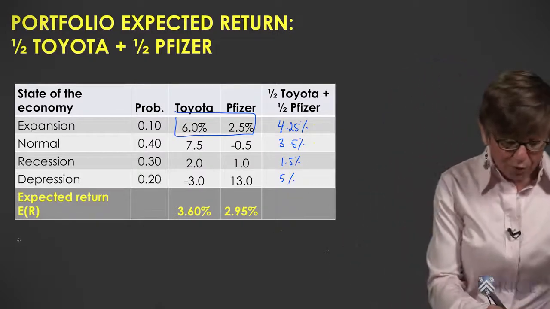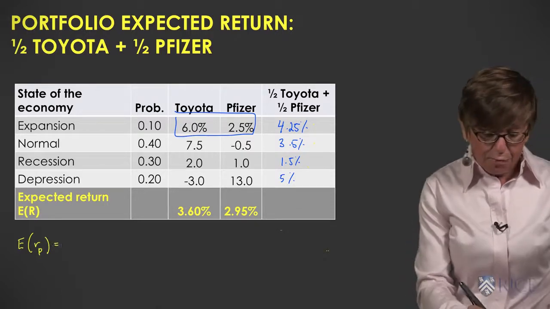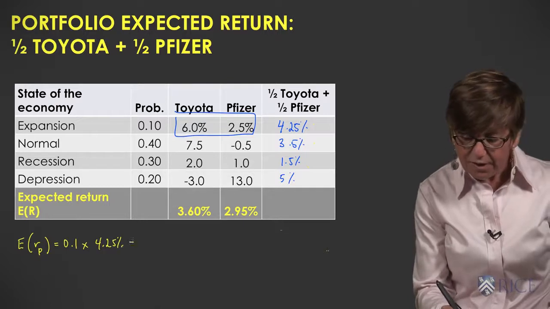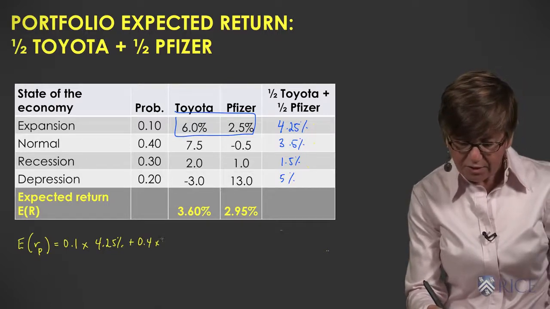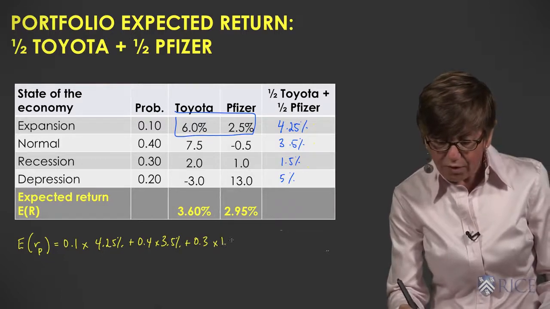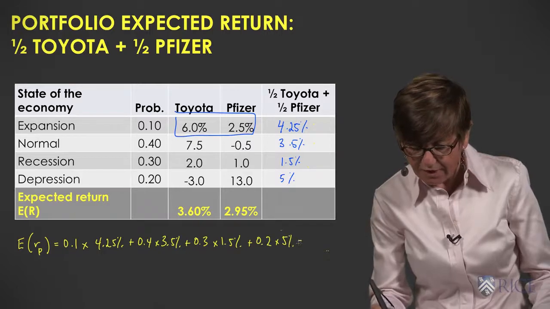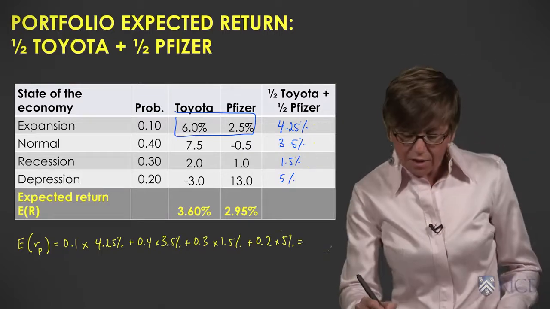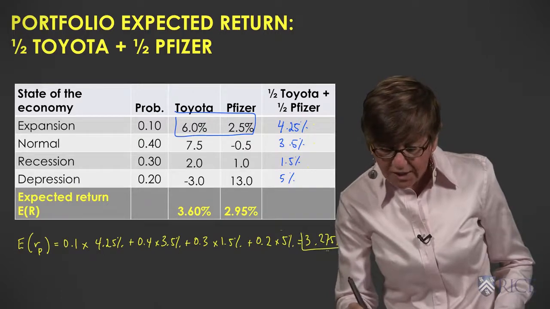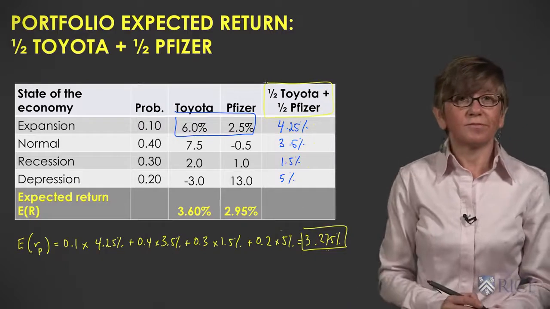So the portfolio return will be 0.1 times 4.25% plus 0.4 times 3.5%, plus 0.3 times 1.5%, plus 0.2 times 5%, which would give you 3.275%, which is the expected return to this portfolio.